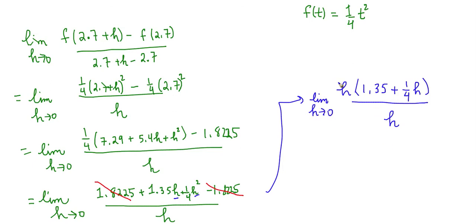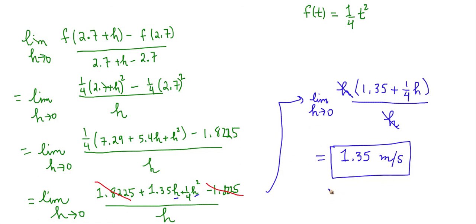The h on top and h on bottom cancel, and then we can finally perform direct substitution, take 0 and plug it in for h, and we get 1.35 meters per second.